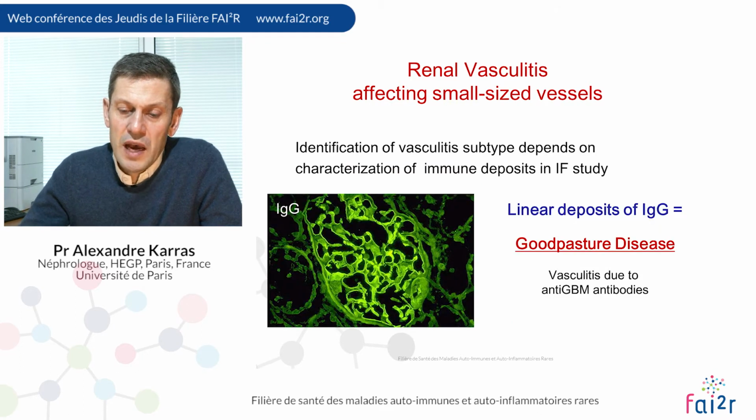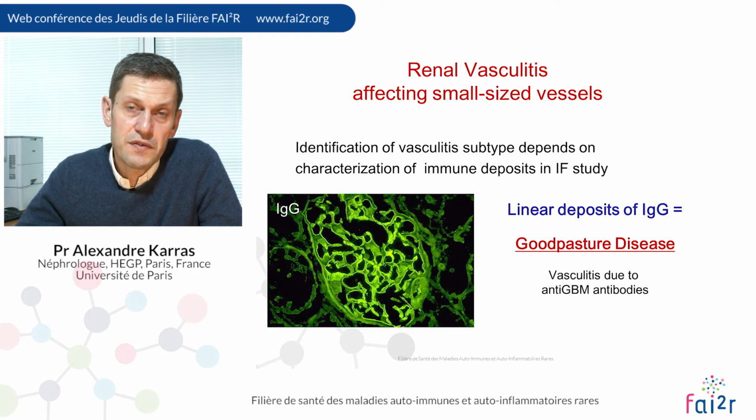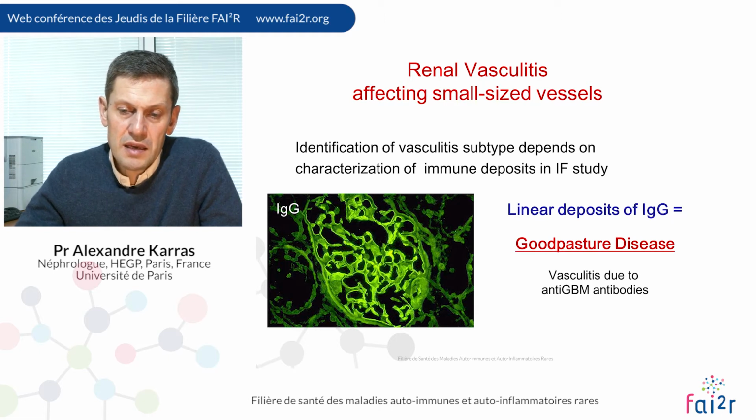So once we have this necrotizing vasculitis, we need to know what kind of vasculitis is responsible for this injury. The most important thing is to do an immunofluorescence study in order to discriminate three main types of vasculitis.